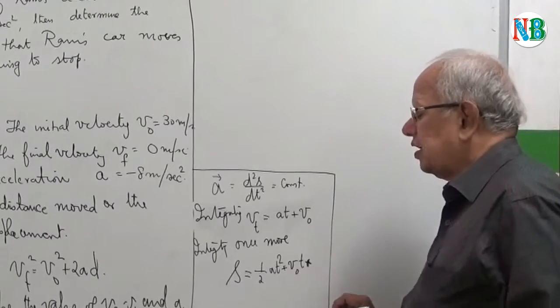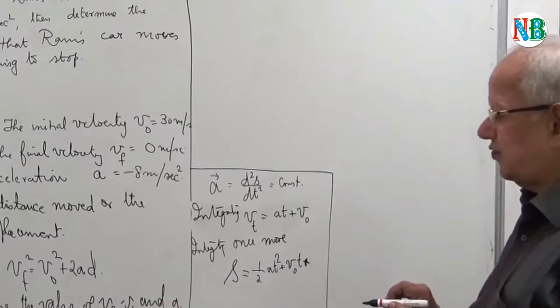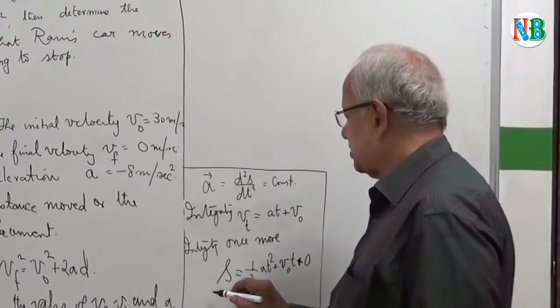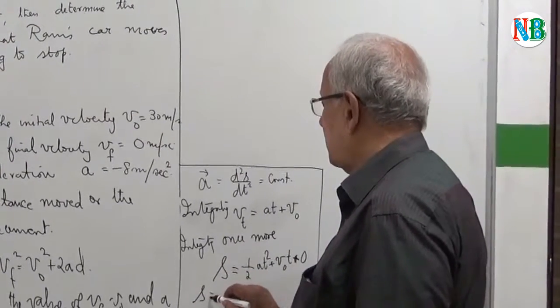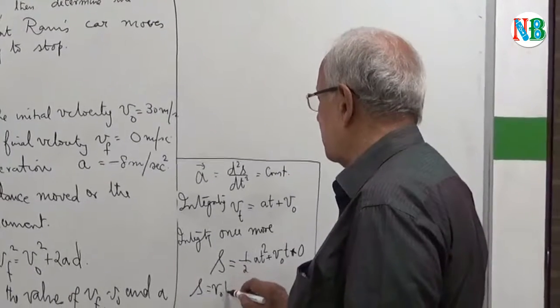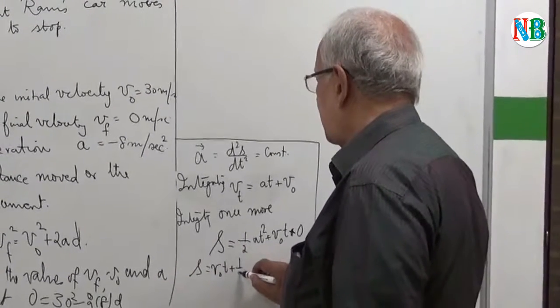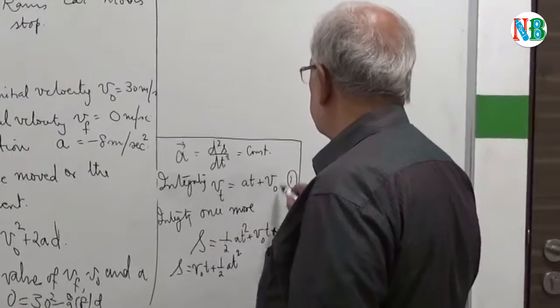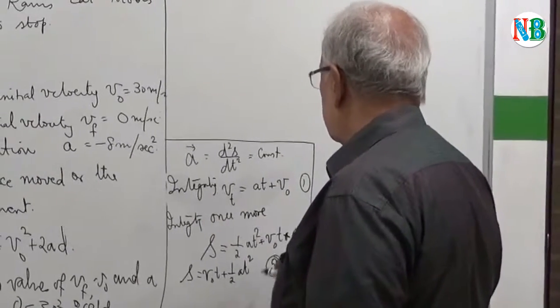If you start the distance from t equal to 0, this will be 0. So I get s is equal to initial velocity times t plus half at square. This is one equation, this is the second equation.